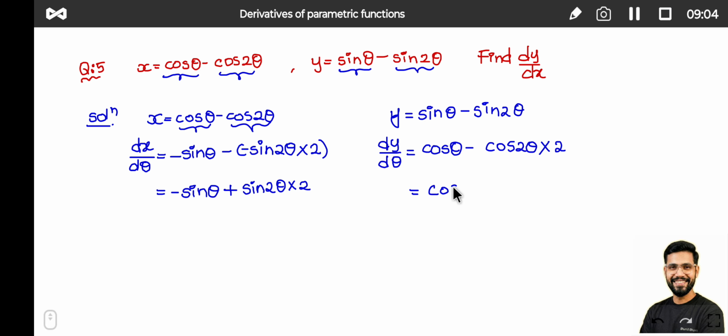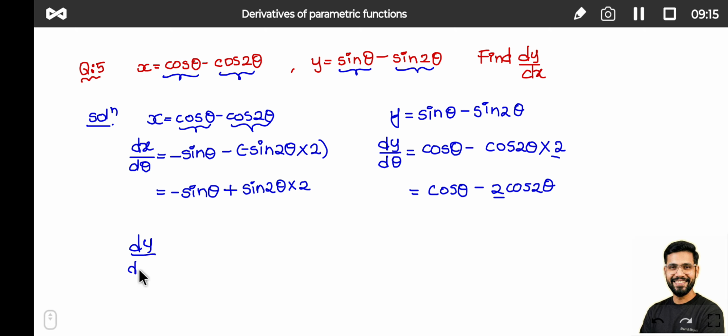So we will get cos theta minus 2 cos 2 theta. Okay, this 2 we have written here. So the final step, dy by dx. dy by dx is nothing but the derivative of y with respect to theta upon the derivative of x with respect to theta.